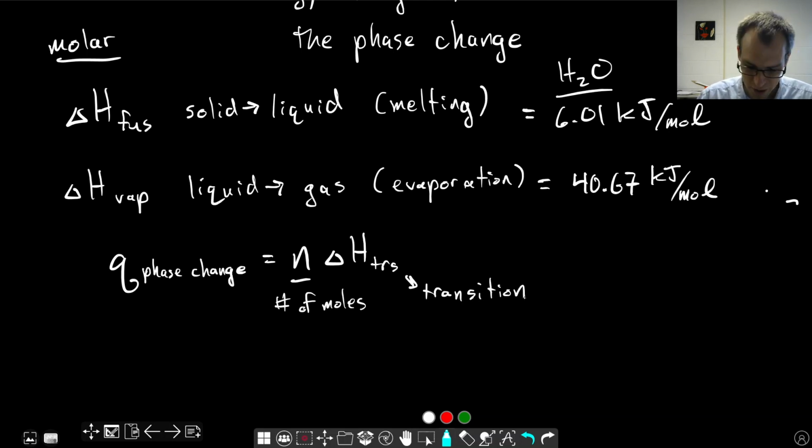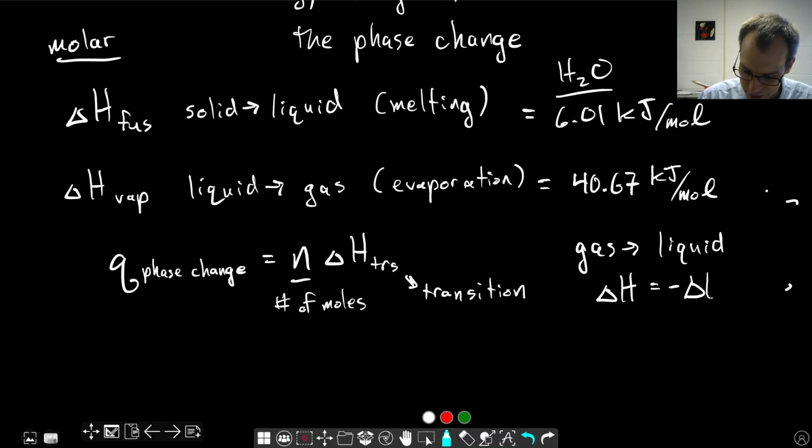So if you're going the opposite direction, if you go gas to liquid, for example, the enthalpy associated with that, delta H, will be the negative of delta H vaporization. So you should have a negative value if it's an exothermic process like this. But that's it. So the heat or energy associated with that phase change is just number of moles times the enthalpy for that phase transition.